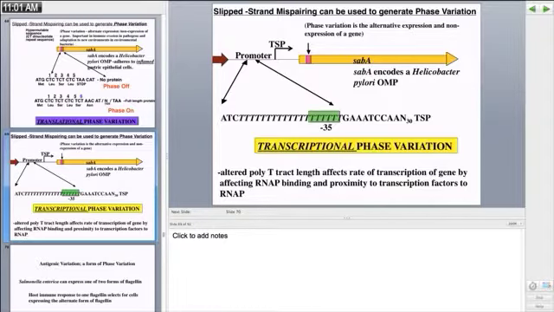But it's not an on-off switch like the poly-CT tract, where the protein goes either on or off. This is more like a rheostat or a dimming knob. There is a polythymine tract in the promoter region of this same SAB-A gene. It's upstream of the coding region, so this pink area is where that poly-CT tract was, that fuchsia box.